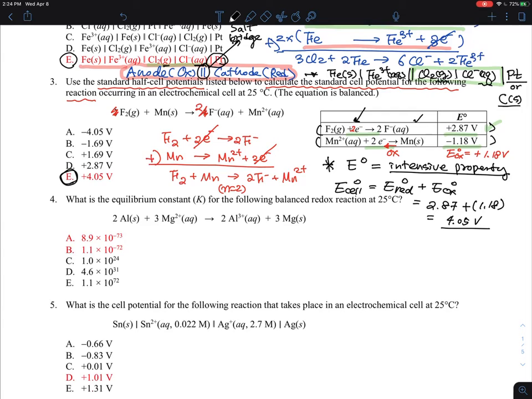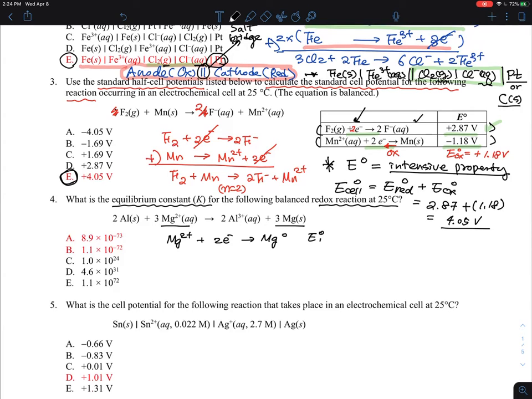Let's move on to calculating the equilibrium constant for the following redox reactions at 25 degrees C. Actually, this is a better problem set, because what you see here is magnesium becomes Mg2+ plus 2 electrons, and then the Mg reduction. So this is actually being reduced.